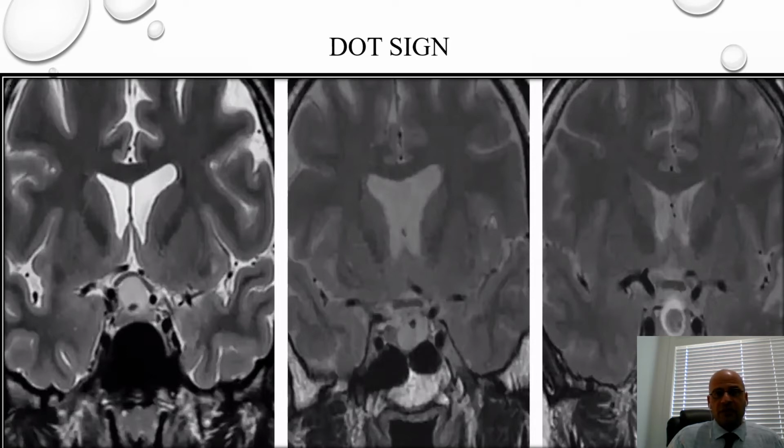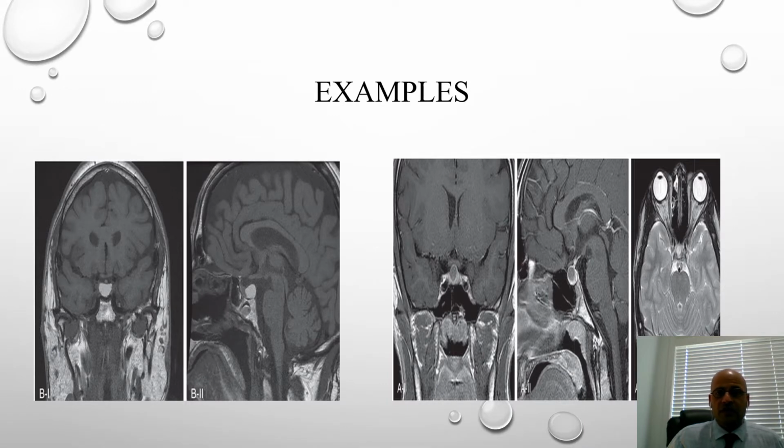So again, in the T2 images, the cyst is slightly or mildly hyperintense because of the protein content. And these are other examples. I just wanted to highlight on this slide the gadolinium enhancement, where the rim lights up related to pituitary cells, and the variable signals, usually iso or hypointense, but they can be hyperintense on T1.